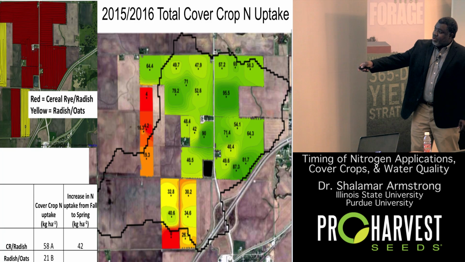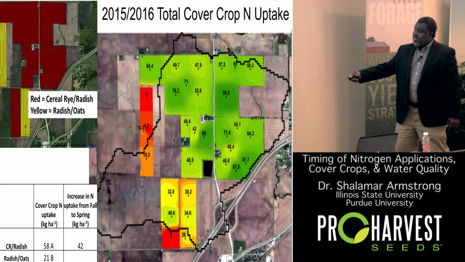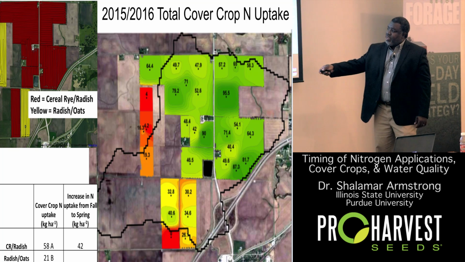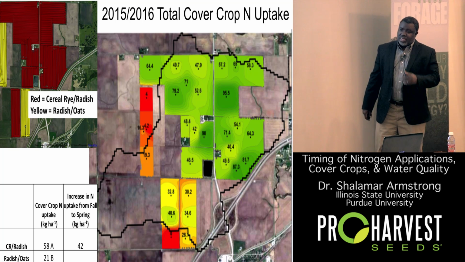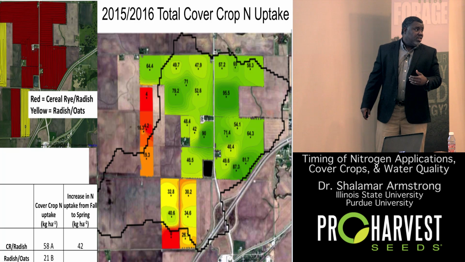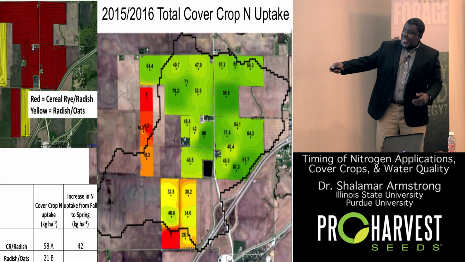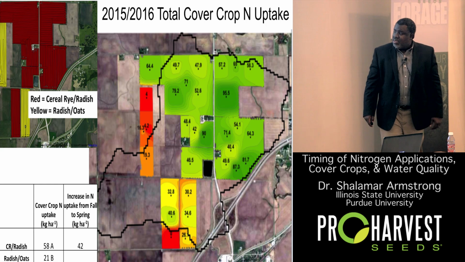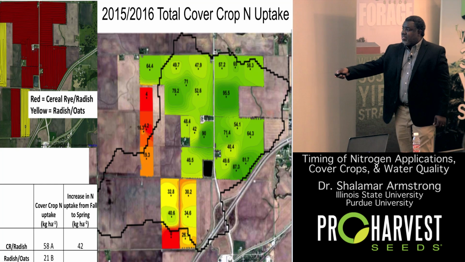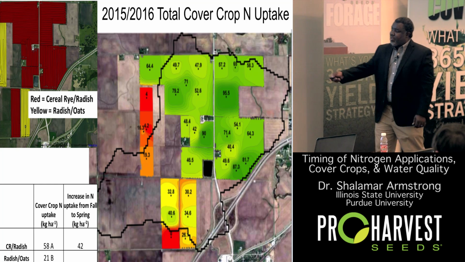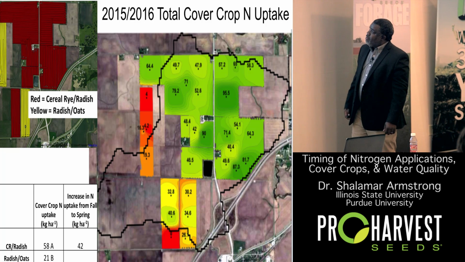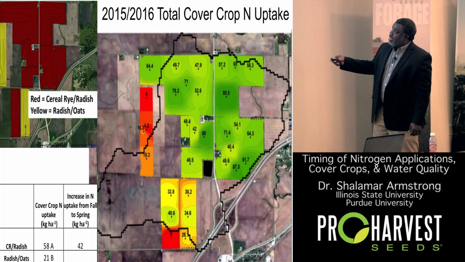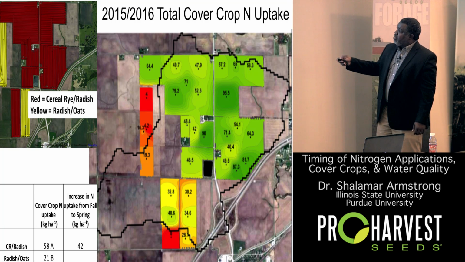Nitrate uptake, kilograms per hectare, 58 versus 21 for radish oats. 42 kilograms per hectare difference when you subtract out fall and spring uptake. This is the change. So if we'd have stopped in the fall, we wouldn't have seen this. If we would have terminated the cereal in the fall, we wouldn't have seen this. Then you can see here how that stamps out where you have the cereal.